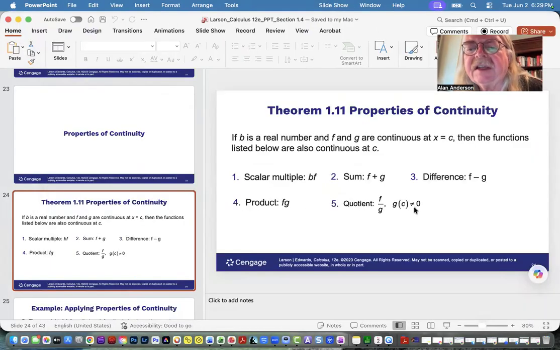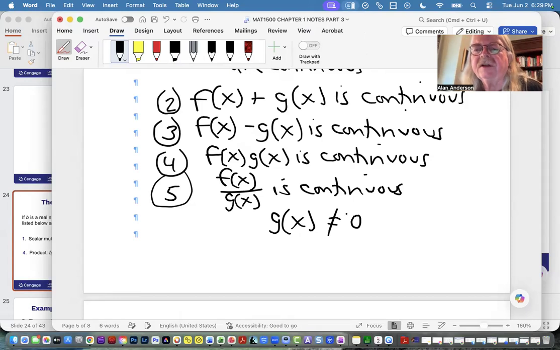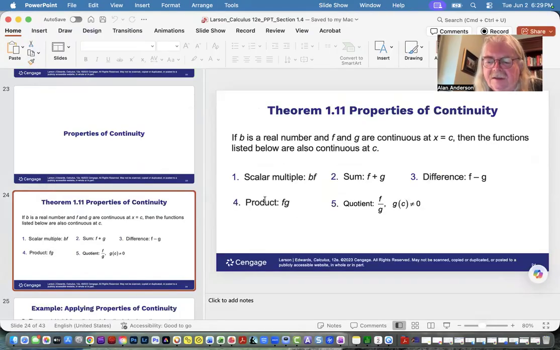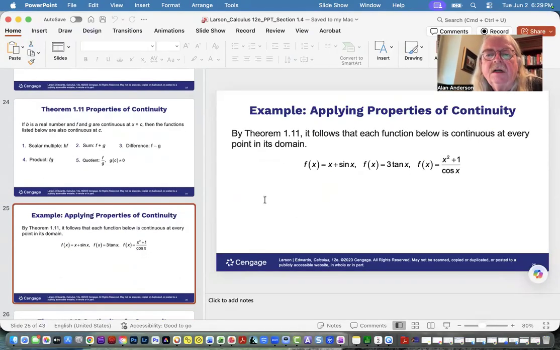Okay. Now, in this case, since we're assuming that this continuity occurs at point c, they're writing it as g of c. But we can write it just in general terms, g of x is not going to be zero when we have a ratio like this anyway. So therefore, each of these is continuous at every point in its domain. Now, these are functions that have a domain equal to the entire real number line.